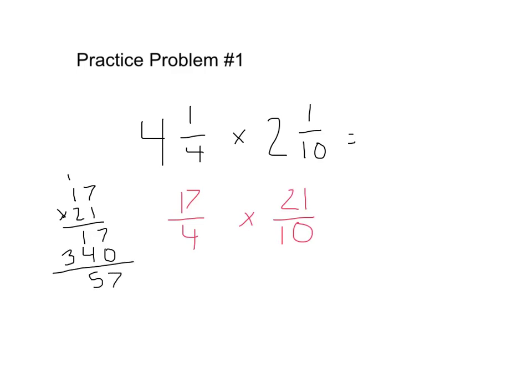I need to add, and my answer is 357 over 40. Now how would I get 40? I just multiplied 4 times 10.